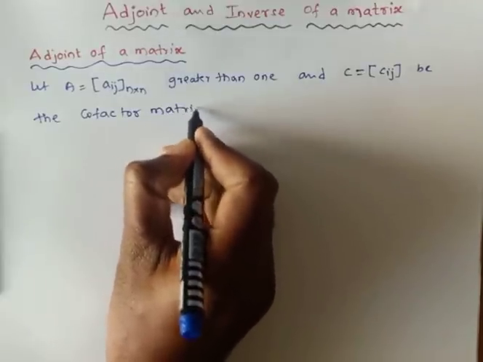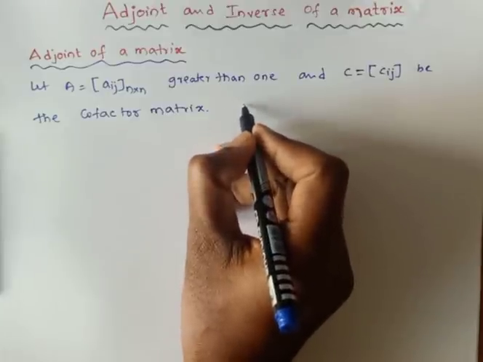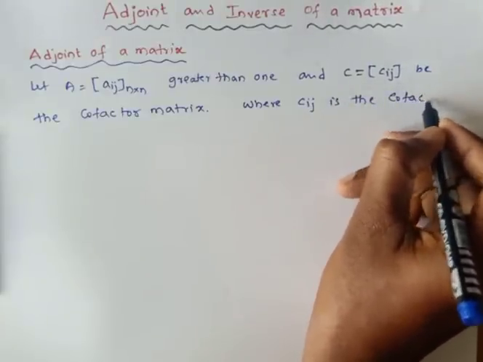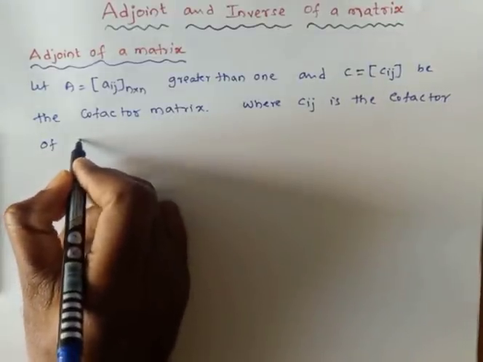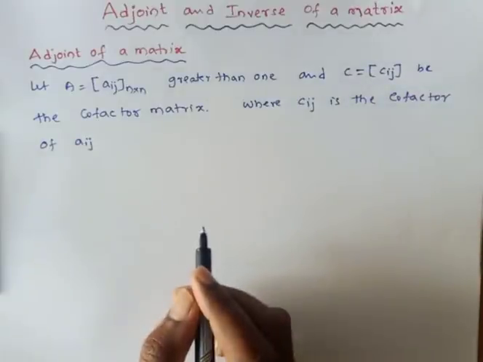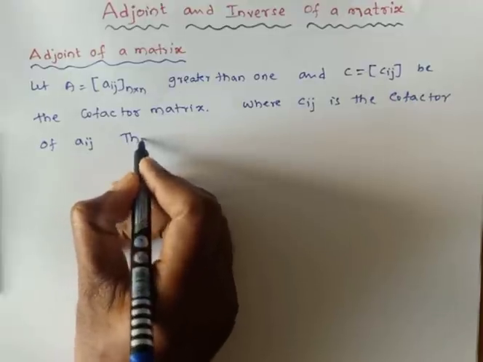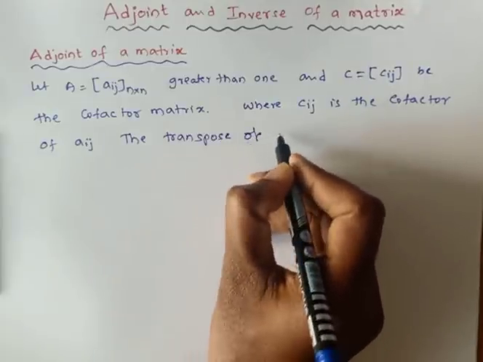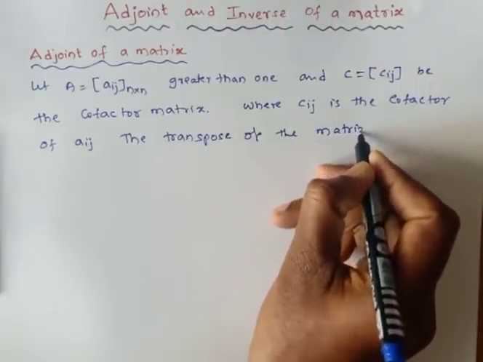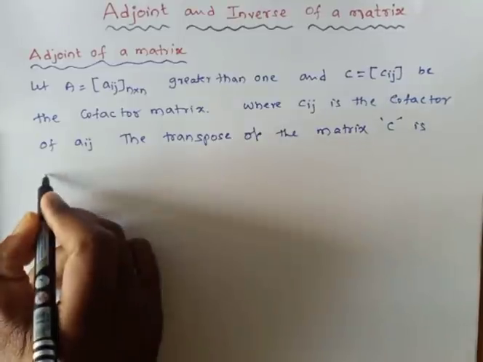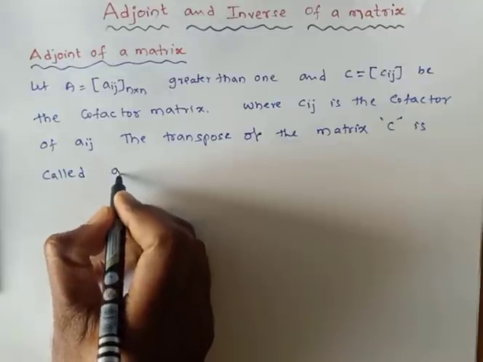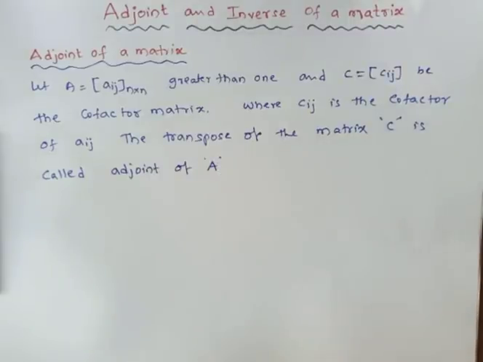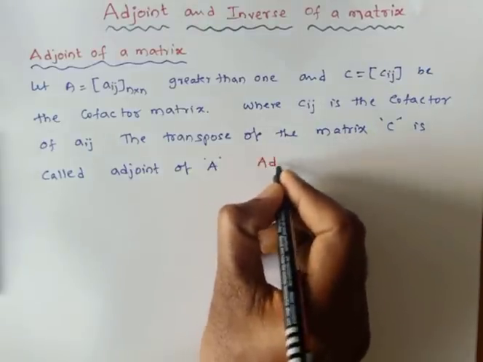You know what a cofactor is? Here Cij is the cofactor of the element Aij of the matrix A. Then the transpose of the matrix C is called the adjoint of the matrix A, and it is denoted by adjoint of A.